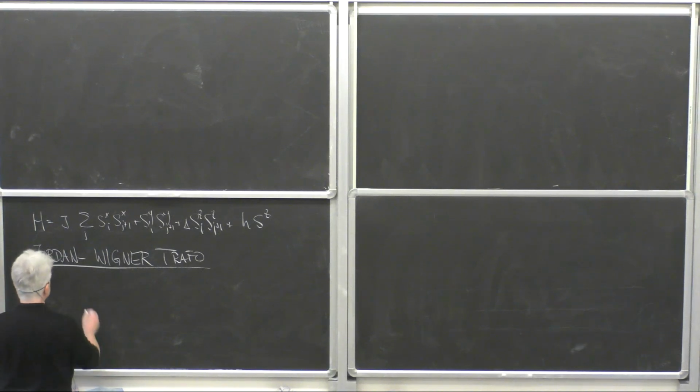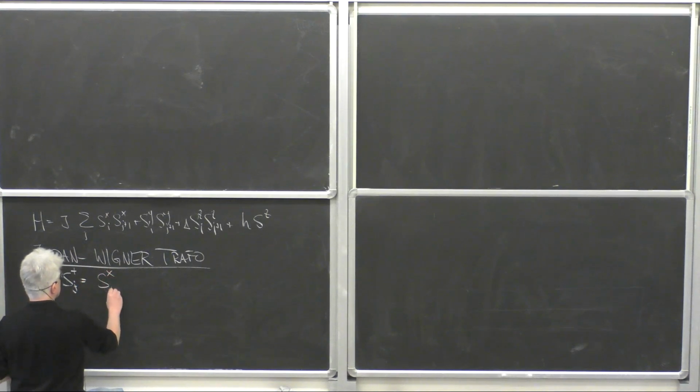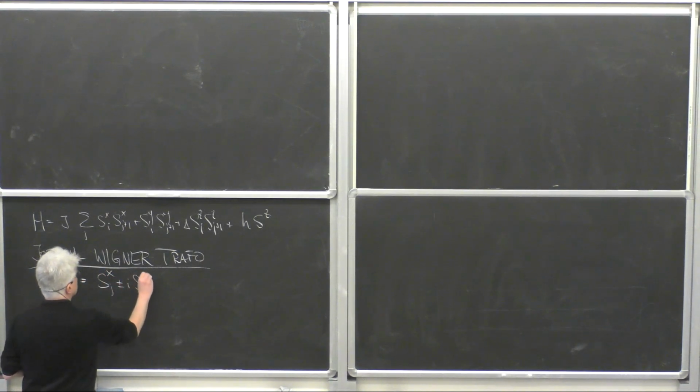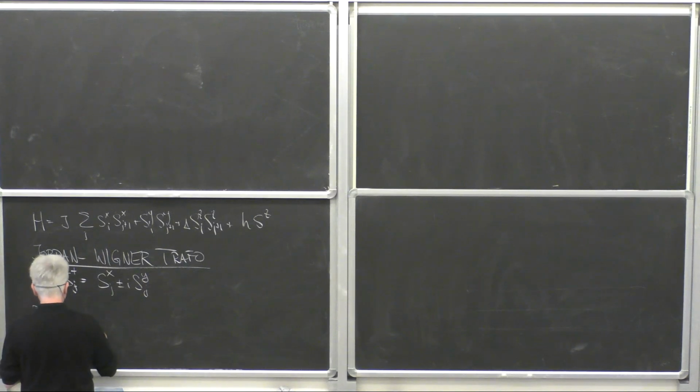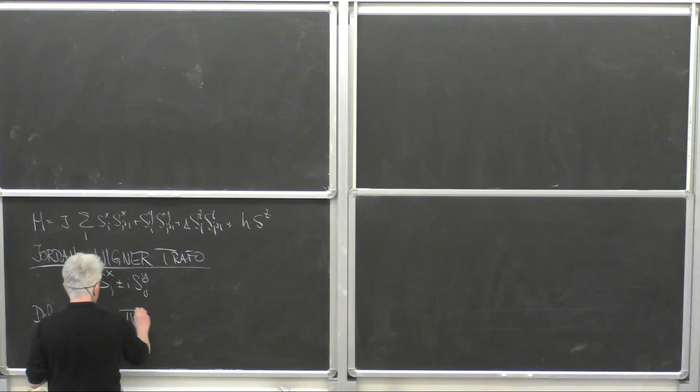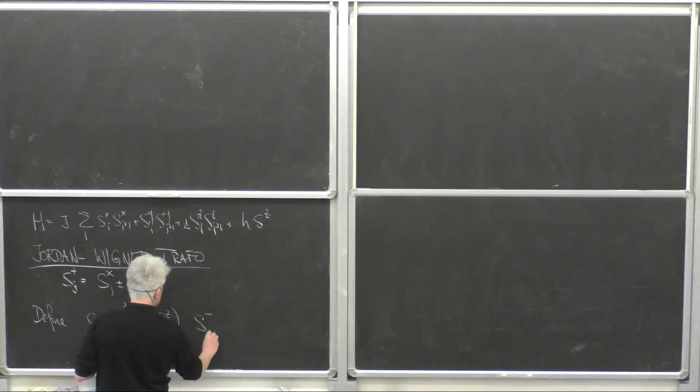The idea is very simple. First, remember, the raising and lowering operators of spins are just defined as S_j^± = S_j^x ± i S_j^y. And now we define operators, which I call little c_j, as the product over l equals 1 to j minus 1 of S^z_l, and then here I put an S^-_j.